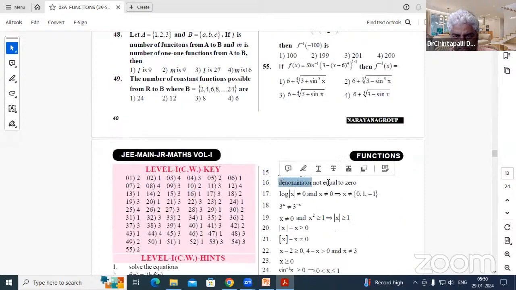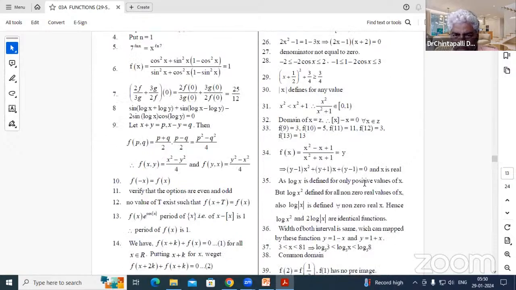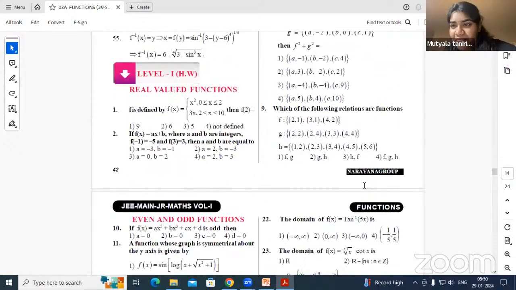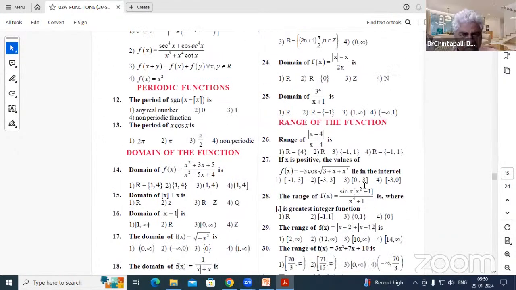Yeah, what is the hint for this question? The denominator is not equal to 0. Got it? It is just a hint, not the solution. Yes, it is a hint to solve the 16th question. Yeah, solve the 14th question.